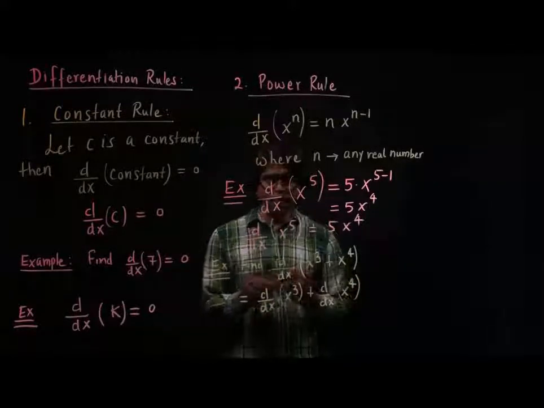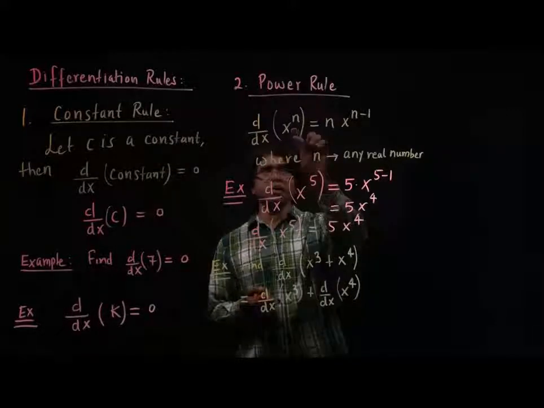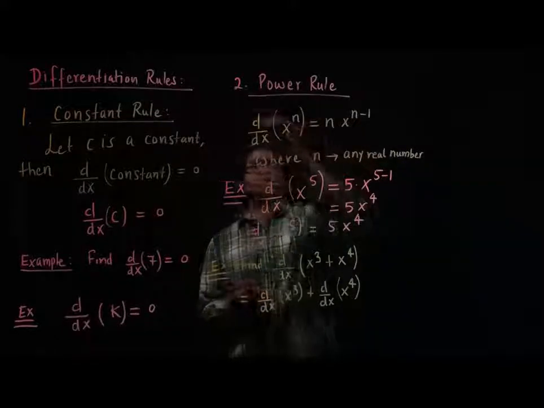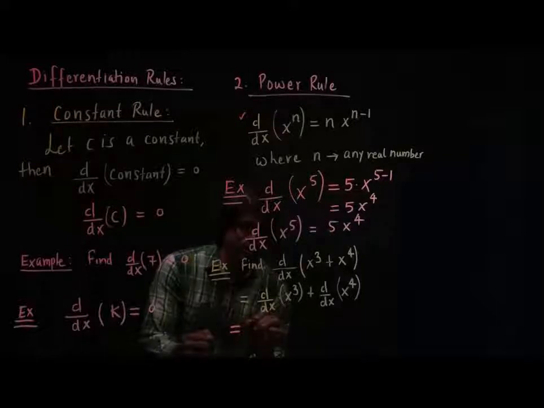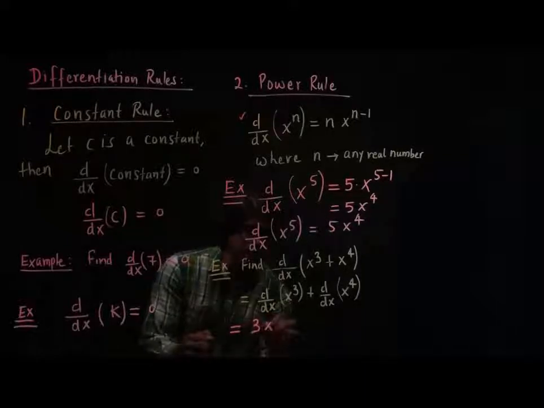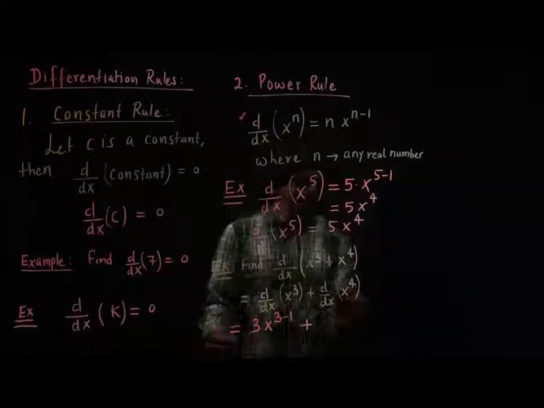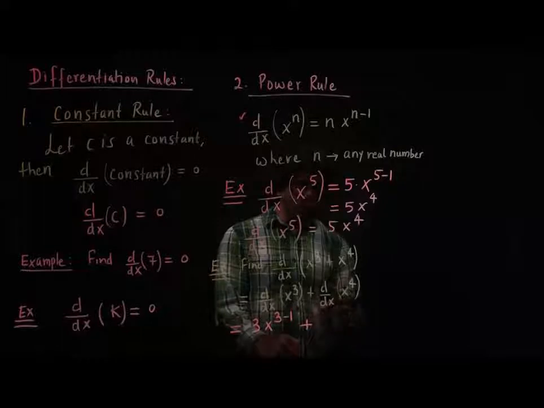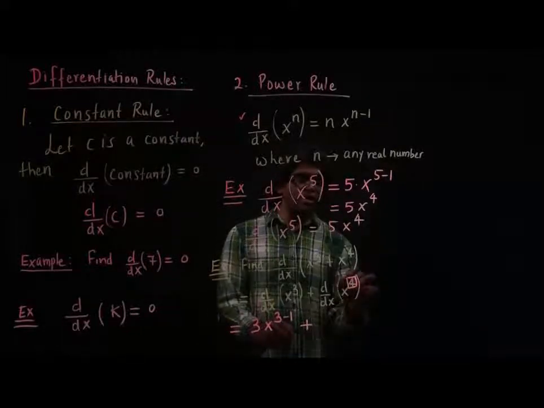So if you look at the first expression, I have x to the power 3. So my n is basically what? 3. So if I use the power rule, I will write this one as 3 x to the power n minus 1, so 3 minus 1. Plus my second term is x to the power 4. And if I use the power rule, my n is 4 in this case.